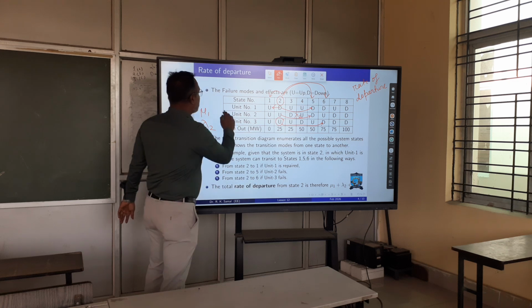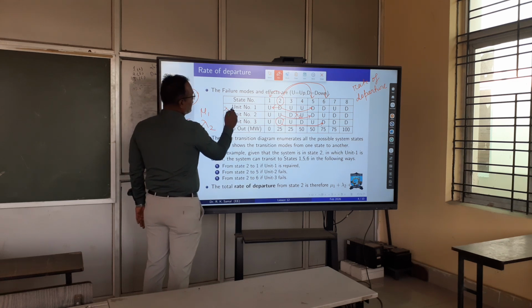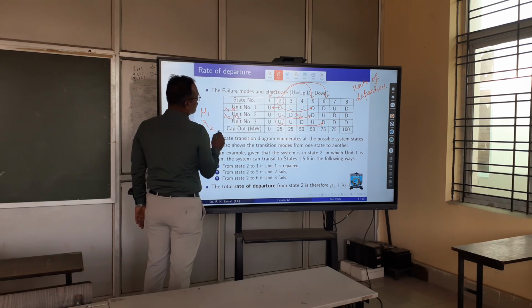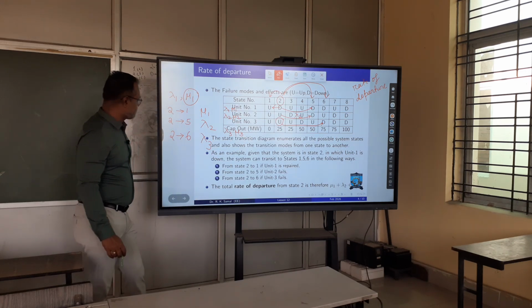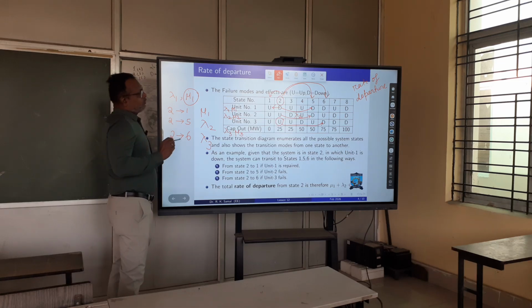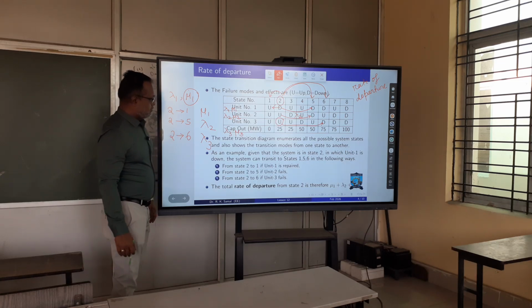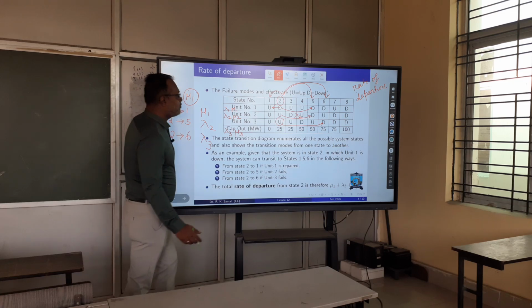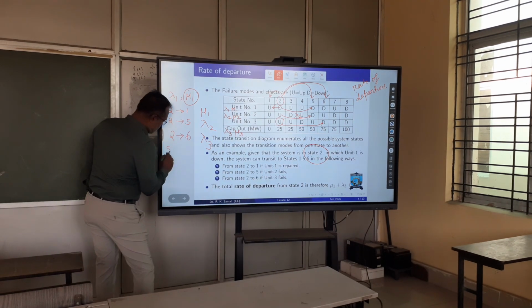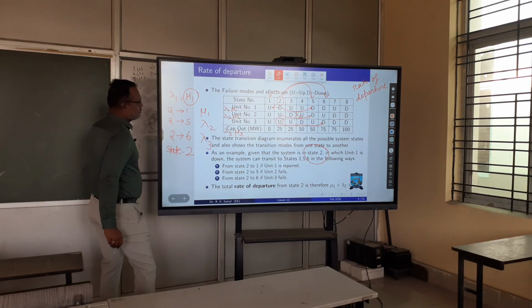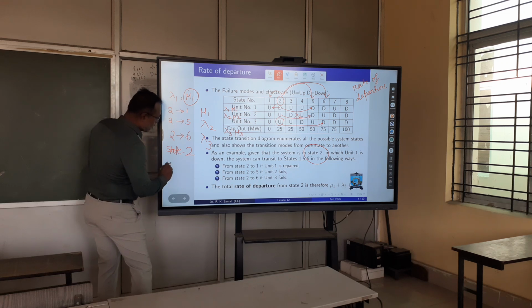For unit 1, the failure and repair rates are lambda 1 and mu 1. For unit 2, they are lambda 2 and mu 2. For unit 3, they are lambda 3 and mu 3. So when I say transition from state 2, what is the total departure rate?